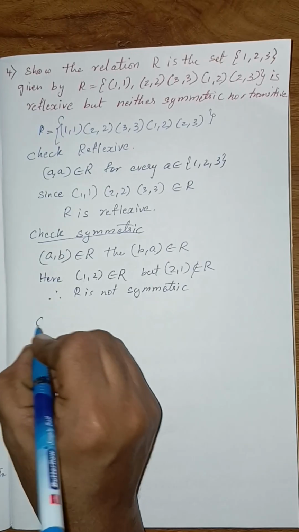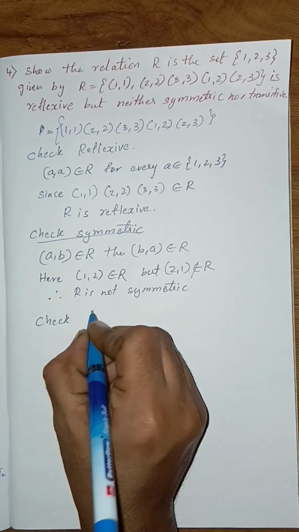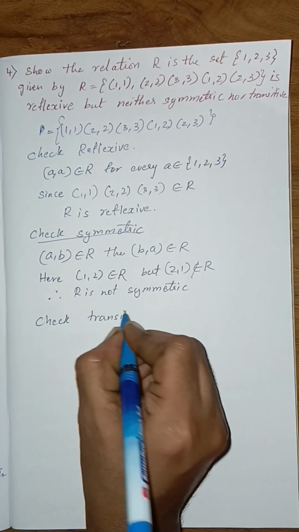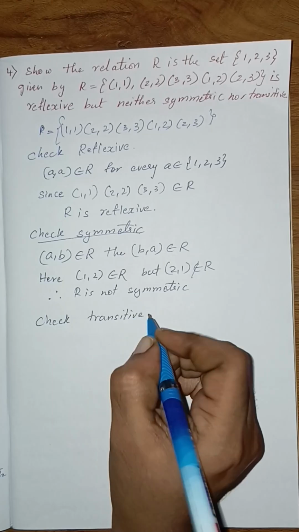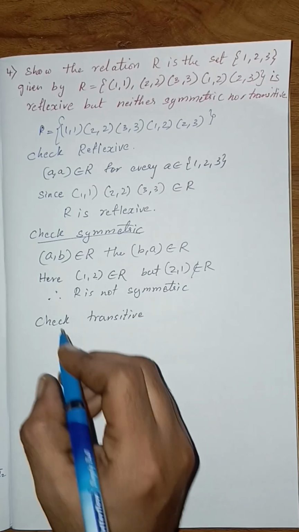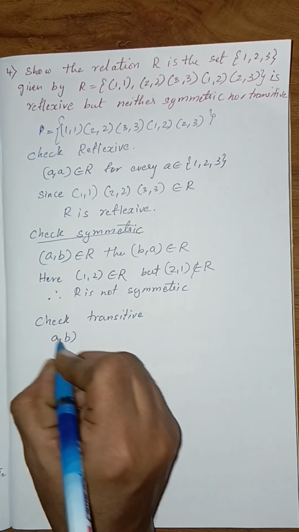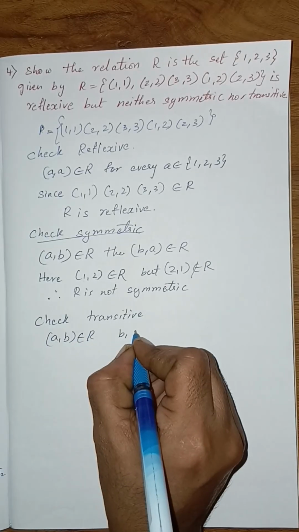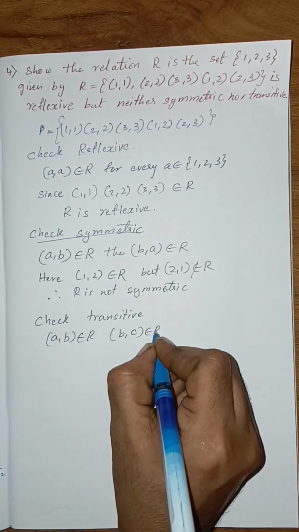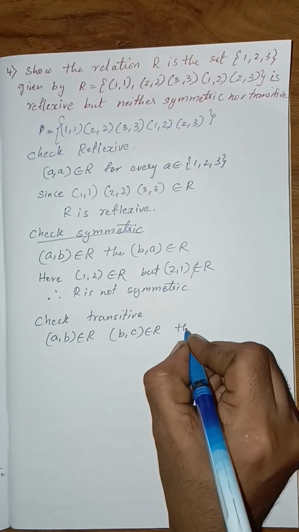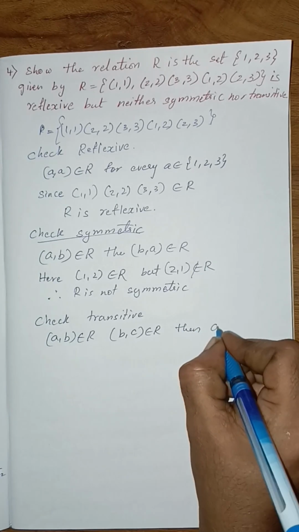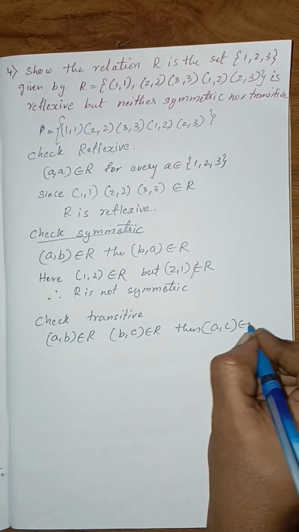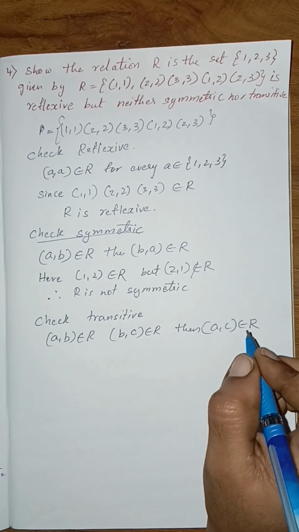Next we have to check for transitive. According to transitive, if (a, b) belongs to R and (b, c) belongs to R, then (a, c) should belong to R. This is the condition, right?